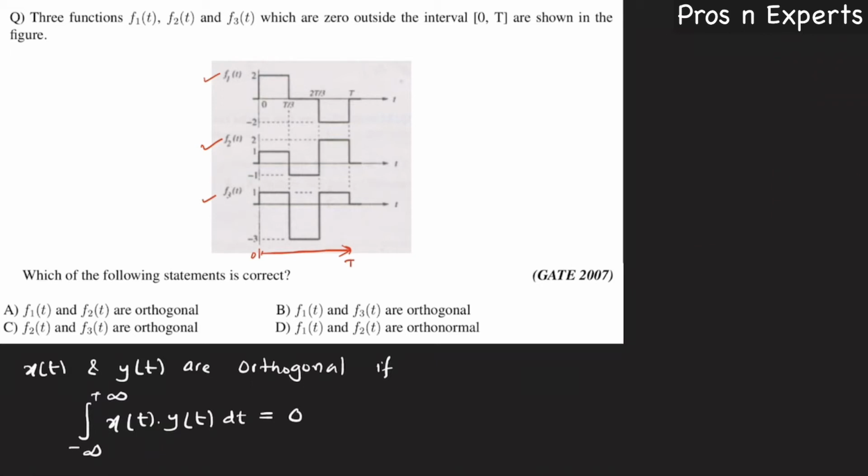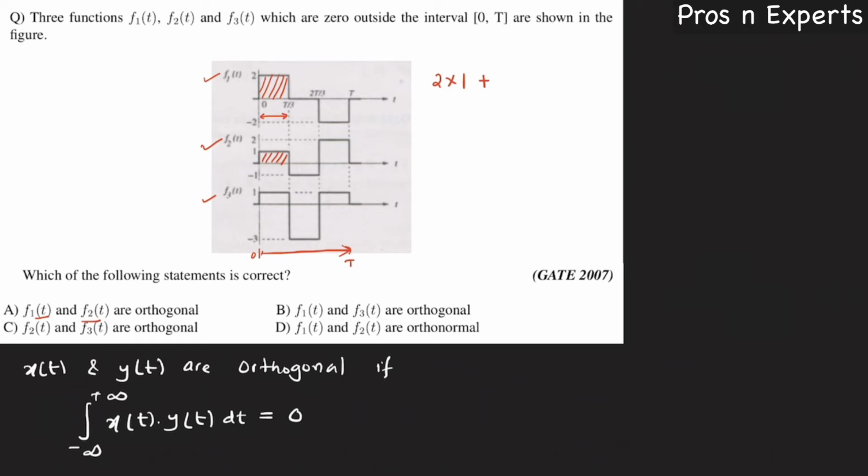Let us check option A: f1 and f2 are orthogonal. In the first interval, 0 to t by 3, f1 of t has amplitude 2 and f2 of t has amplitude 1, so the product is 2 into 1.